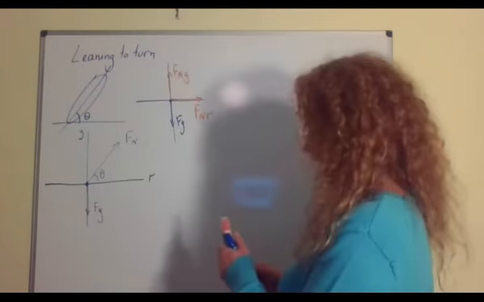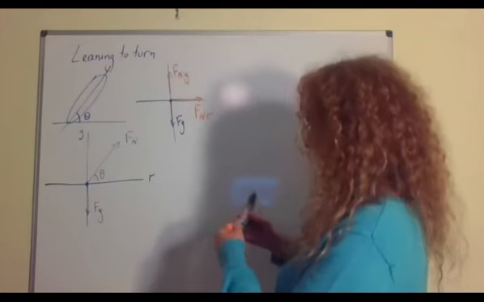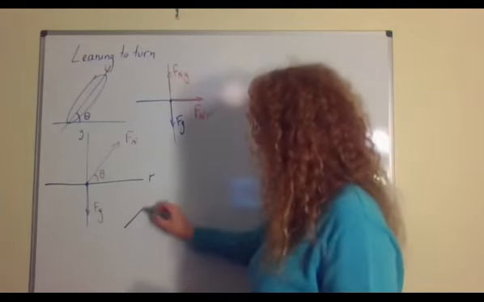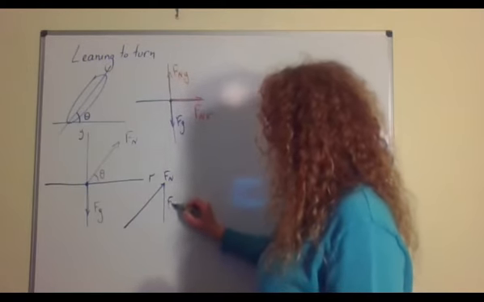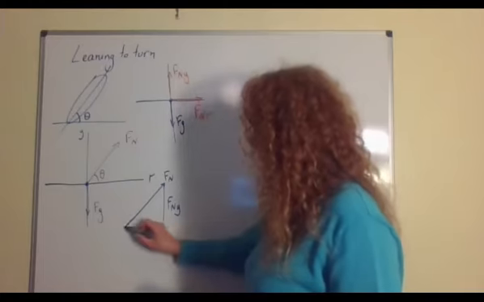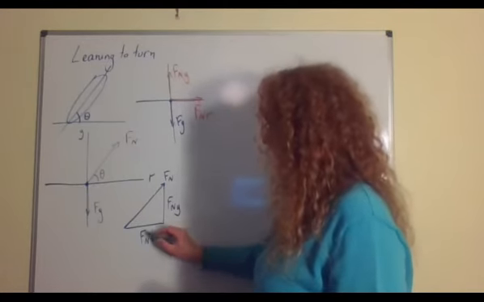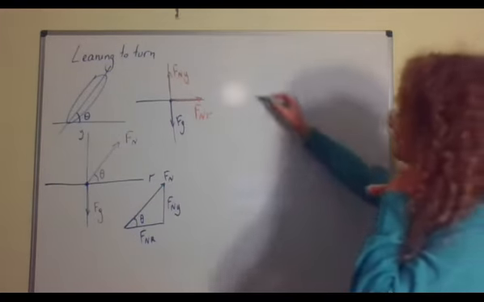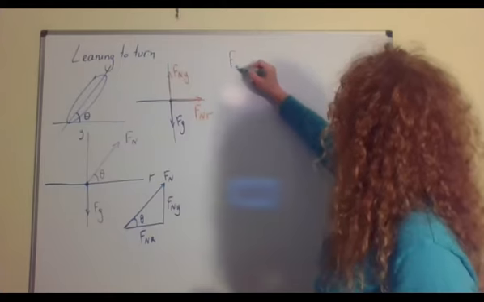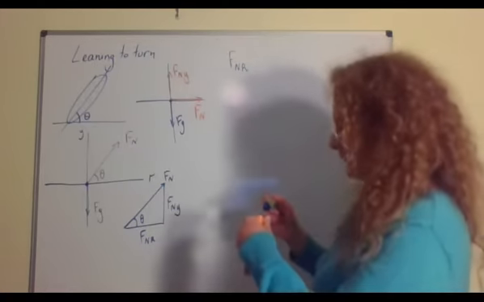Apparently, if I use it as a triangle, this is the normal force, this is the Y component, this is the radial component, and the angle theta is here, meaning that, well, I use a lot of R's.